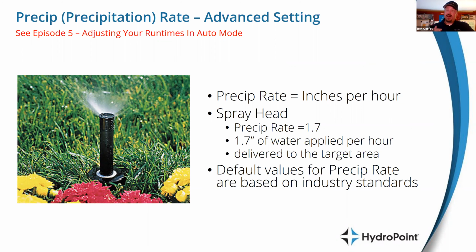How many inches of water is delivered into the target area in 1 hour's time. So if you have a 1.7 precip rate, that means we've got 1.7 inches of water delivered into the target area in 1 hour. And this makes it possible to calculate run times. We know how fast we're delivering water. We know how long we need to run those sprinklers to deliver the right amount.